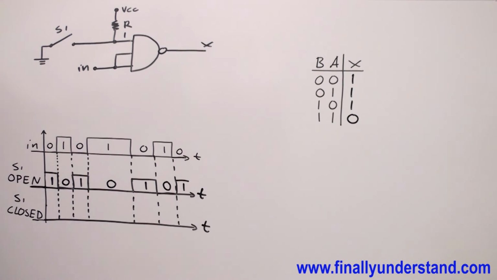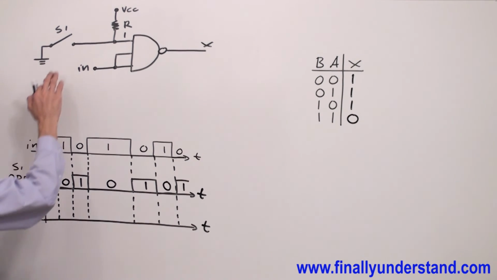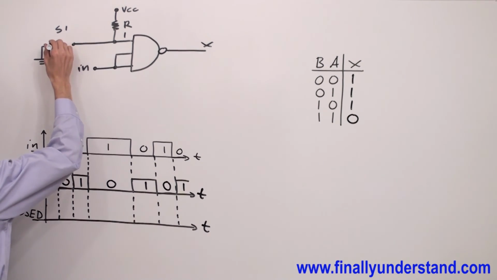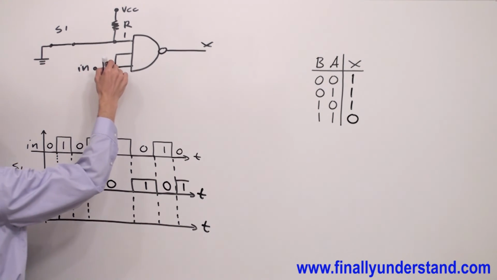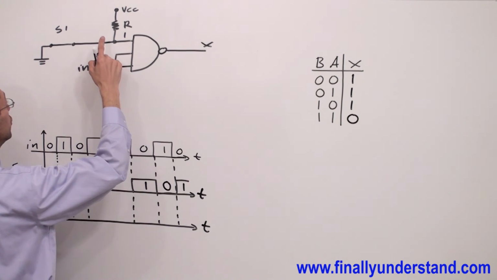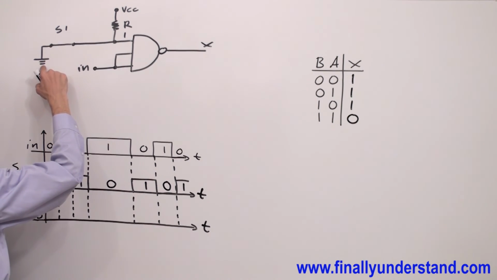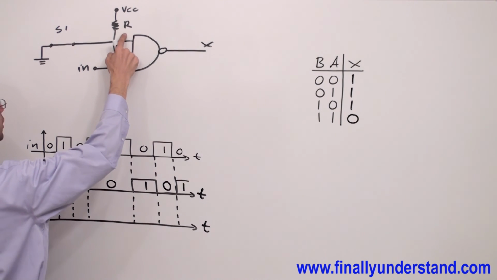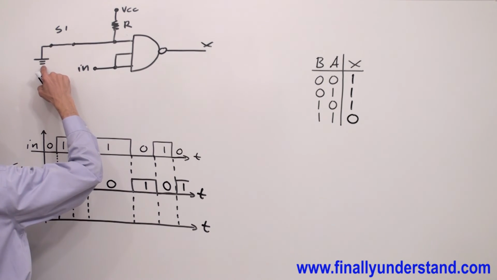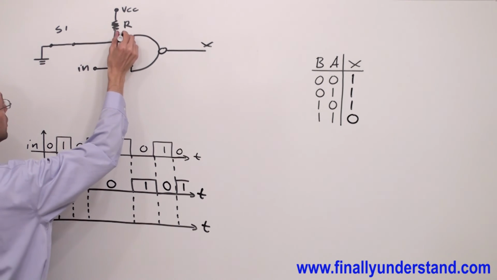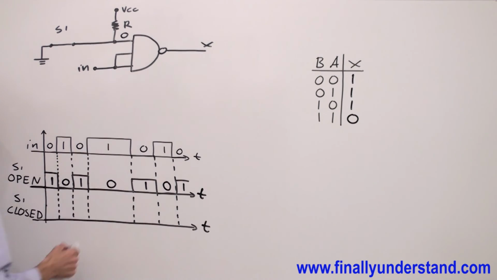Okay, now we can close the switch, and please notice, if you close the switch, the current is going to go directly to ground. You are going to short the circuit, and because ground has potential 0 volts, I'm going to have logic 0 over here.